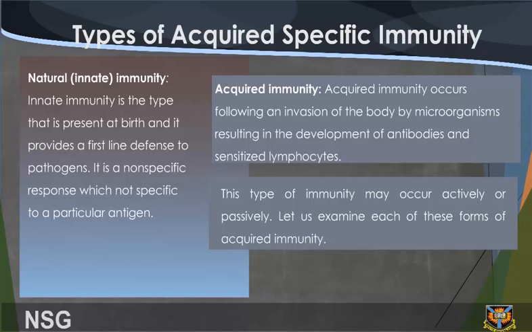Acquired immunity occurs following an invasion of the body by microorganisms, resulting in the development of antibodies and sensitized lymphocytes. This type of immunity may occur actively or passively. Let us examine each of these forms of acquired immunity.